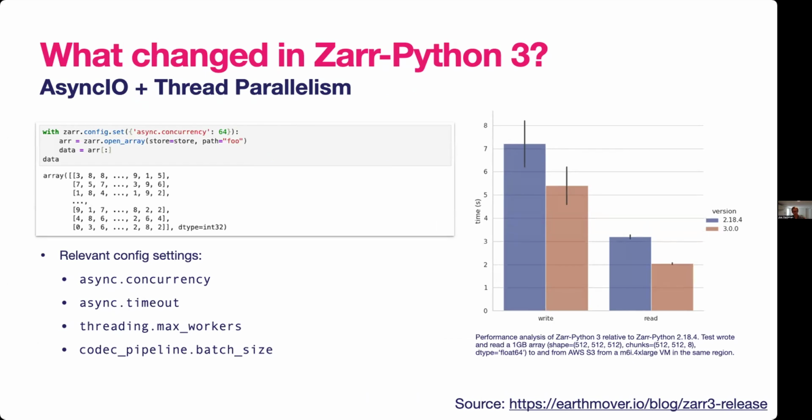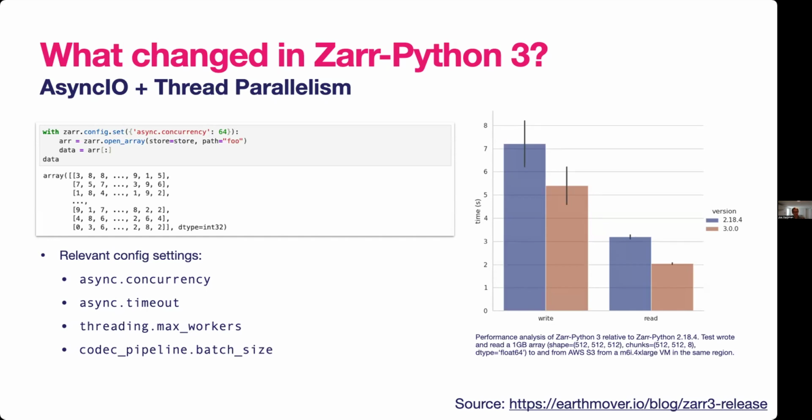And then there is an async array and an async group, and then we have a thin wrapper that synchronizes that, so you can use it with NumPy and other non-async code in Python. The reason we did this is because in many cases, users of Zarr Python were interacting with data on what we call high latency stores, stuff like S3 or HTTP.